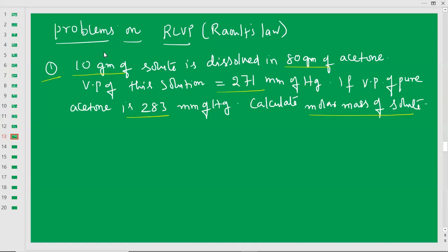As per our Raoult's law, PA naught minus PA by PA naught is equal to WB by MB into MA by WA. We want to substitute all these things here, and finally we want MB only, that is the molar mass of solute.